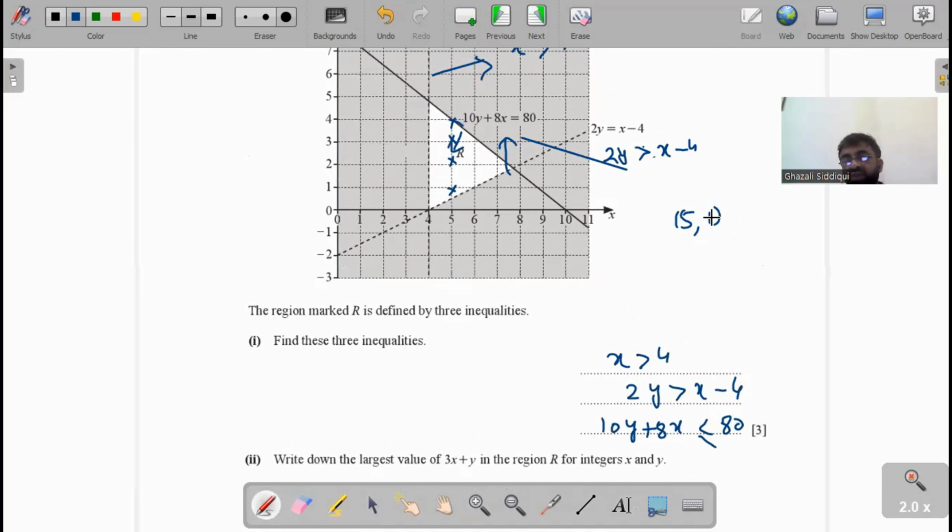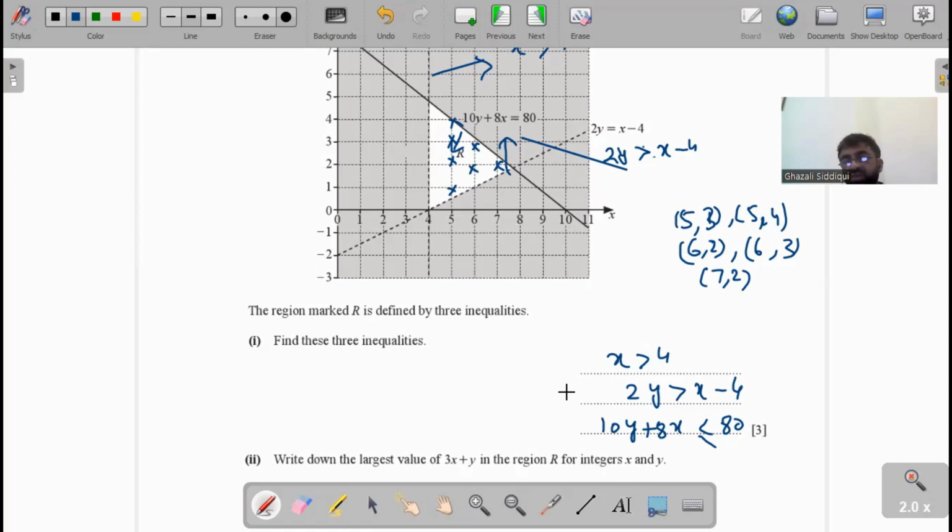Then 6, 1, 6, 2, and 6, 3, and last is 7, 2, and we can take this.